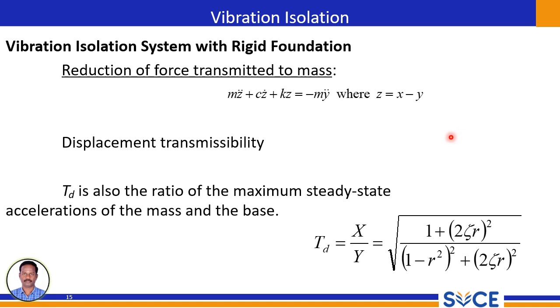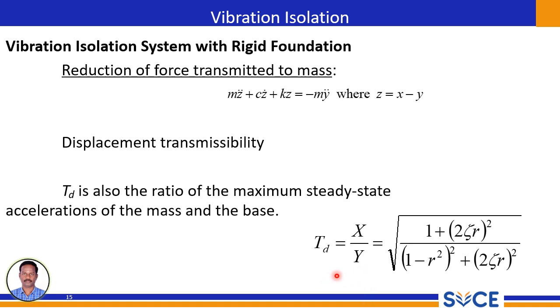A value of T_d less than 1 means the mass displacement is smaller than the base displacement, indicating effective isolation. Here we can also see the ratio of the maximum steady state acceleration of the mass and the base. This is an important point.